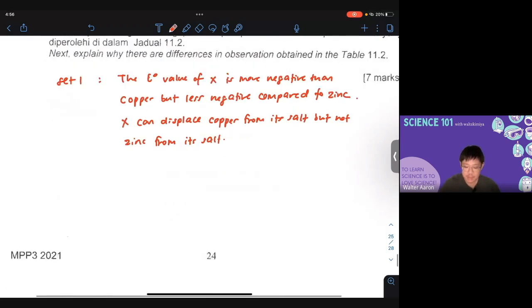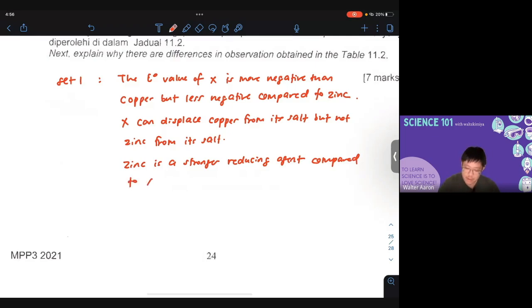Then you say here zinc is a stronger reducing agent compared to X and copper. All right, so it's actually easier to explain in terms of that.